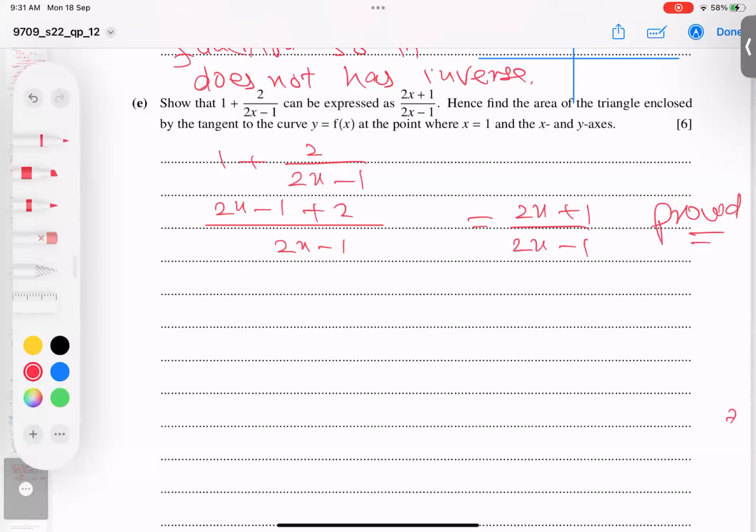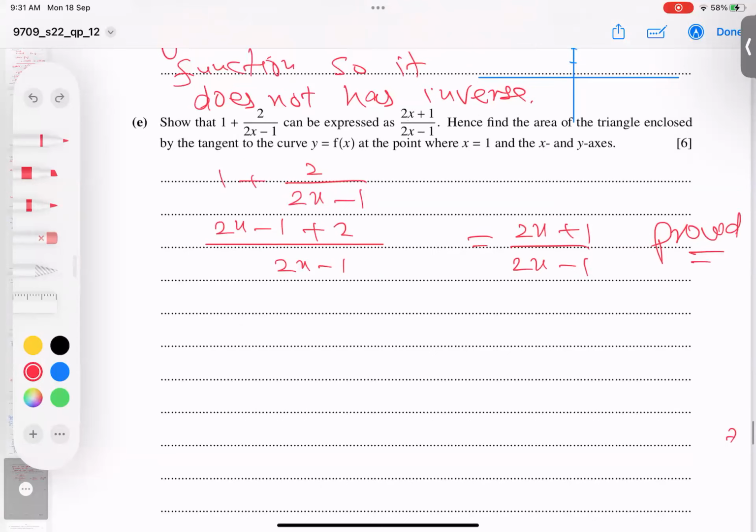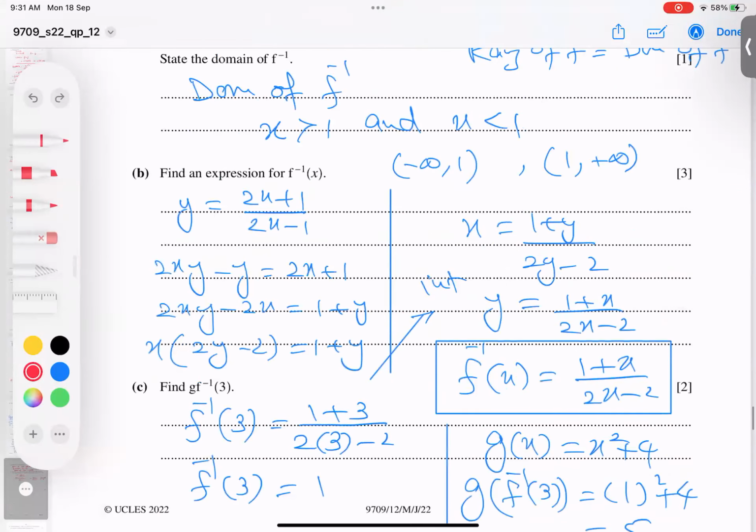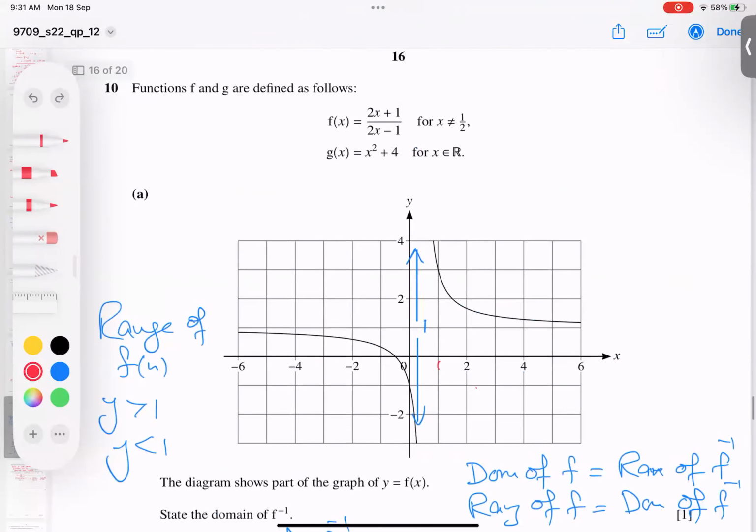Okay. The second part is asking to find the area of the triangle enclosed by the tangent to the curve at 1. So it means, first of all, the equation of the tangent. What is the method actually, students? If we talk about x equals 1, this is 1 here.